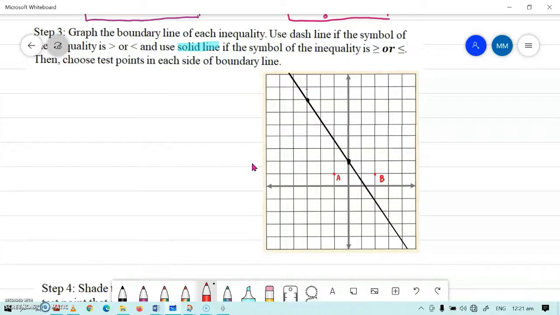Okay, so let's have now test point A. The coordinates of test point A is negative 1 and 1.